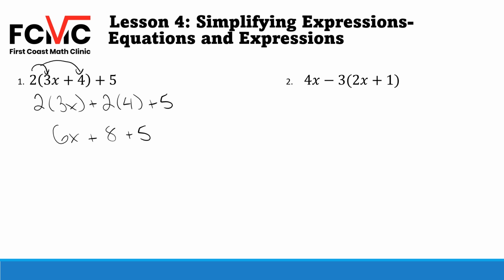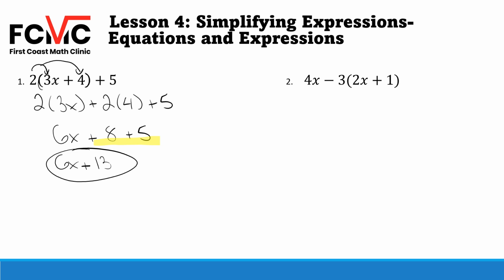Plus 5. Now we can combine our like terms. Like terms here are going to be the 8 and the 5. So we're going to get 6x plus 13, and that's our simplified expression. So we started by removing our grouping symbols using the distributive property and then combining our like terms.